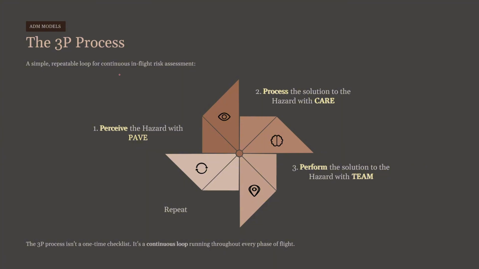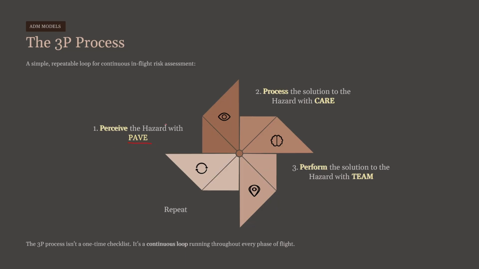And this one is the 3P process. This slide explains the 3P process, which stands for perceive, process, and perform. It is a practical loop that pilots can use continuously during the flight. First, we perceive the hazard, and we do that using PAVE.